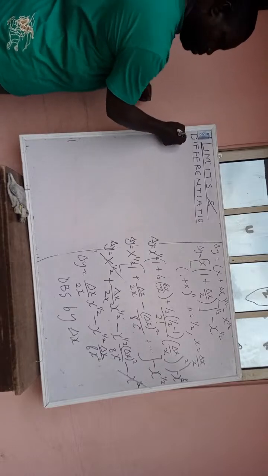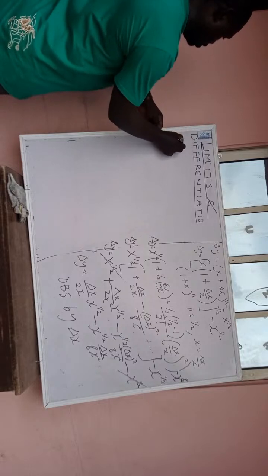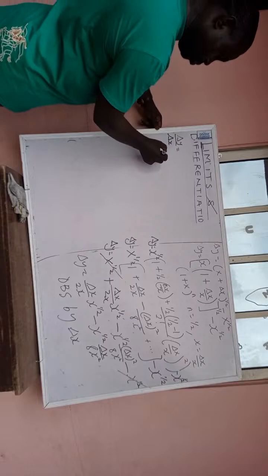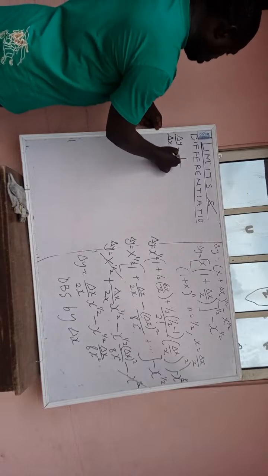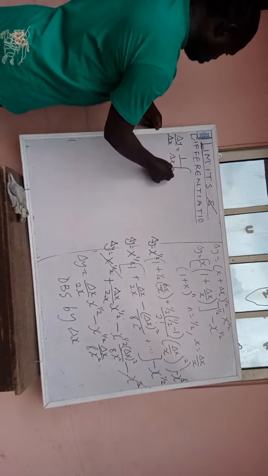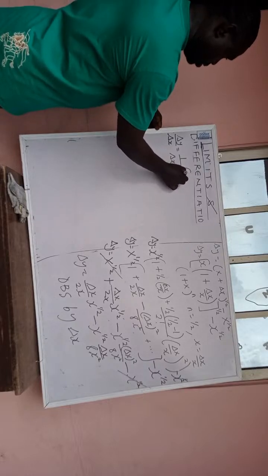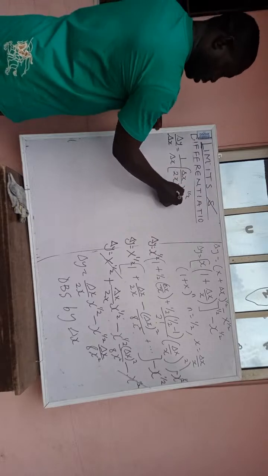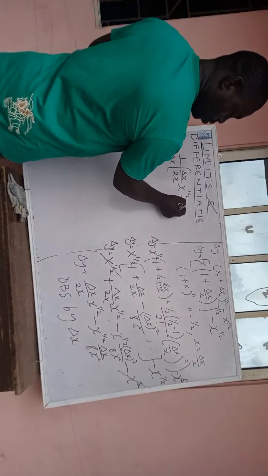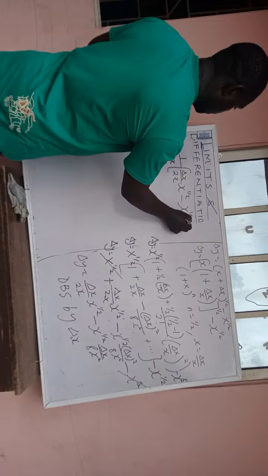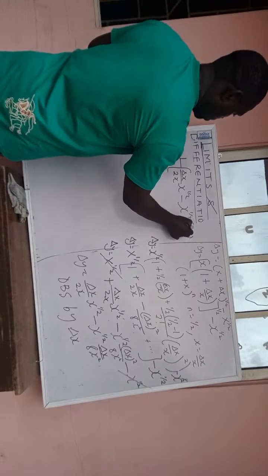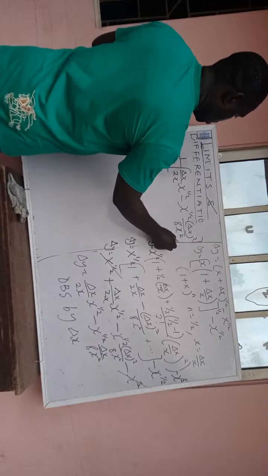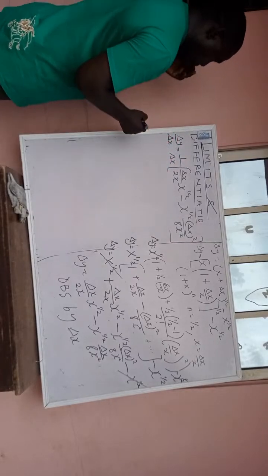You have change in y over change in x equal 1 over change in x, all brackets, then you have it this way.